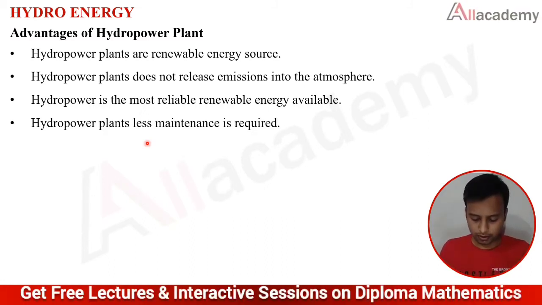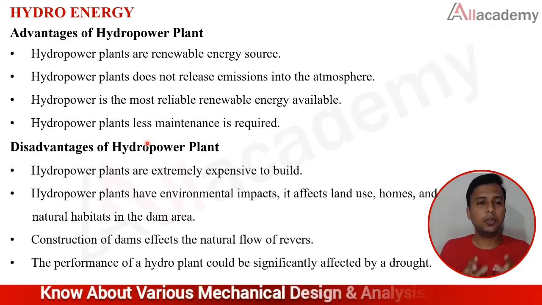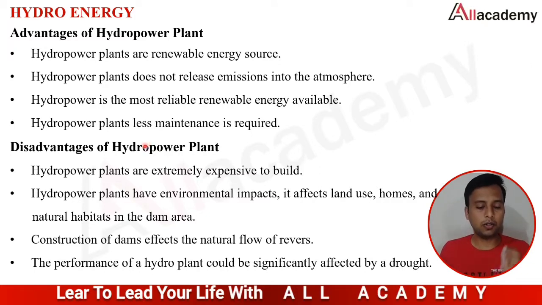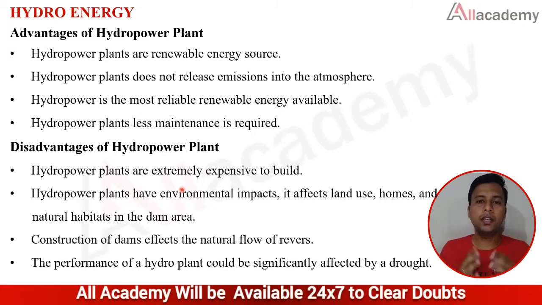But there are some drawbacks of this hydro power plant. Even though there are many advantages, we have some major drawbacks. Let us look into these disadvantages of hydro power plants. The first one is that hydro power plants are extremely expensive to build. That is the very first major drawback, because we need a huge investment in crores to build even a small scale hydro power plant.